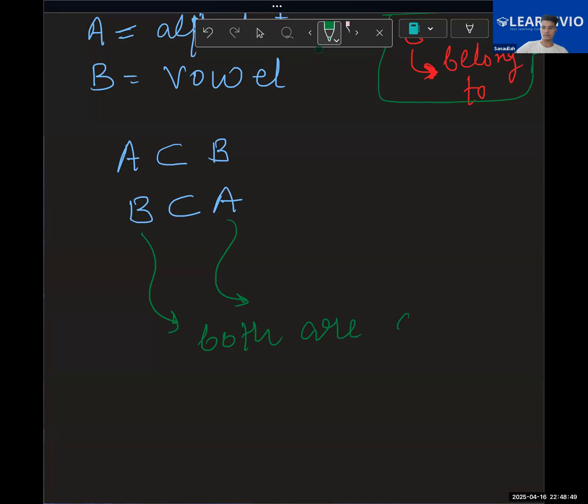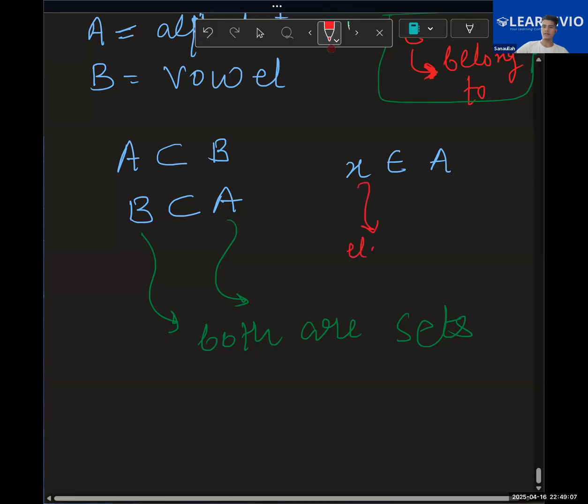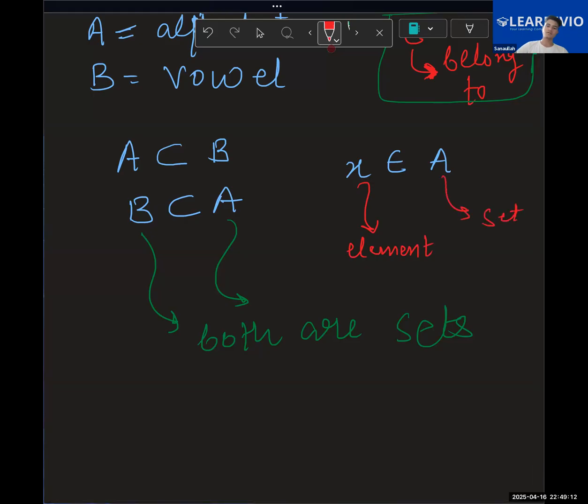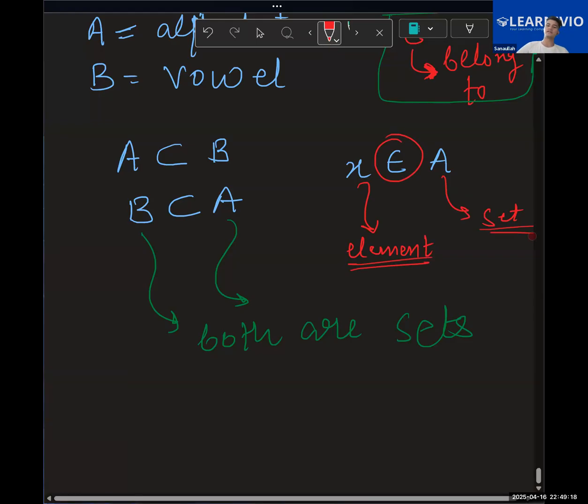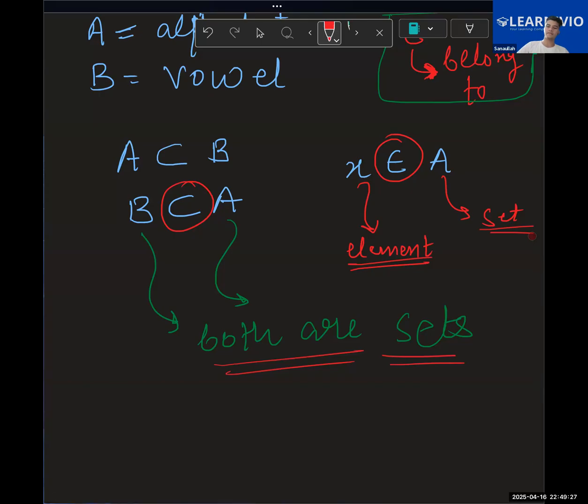But if I say x belongs to A, then here this is an element and this is a set. So this symbol is used when some element belongs to a set. But this symbol is used when there is a presence of both sets, right?